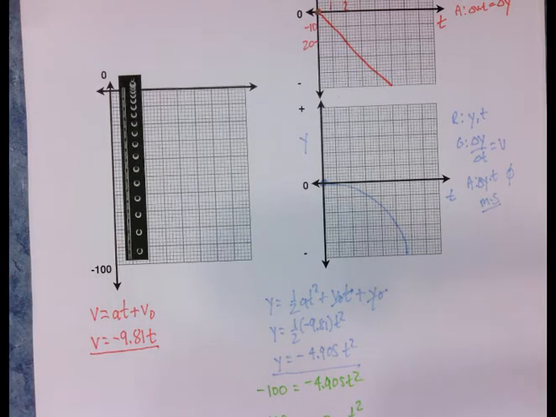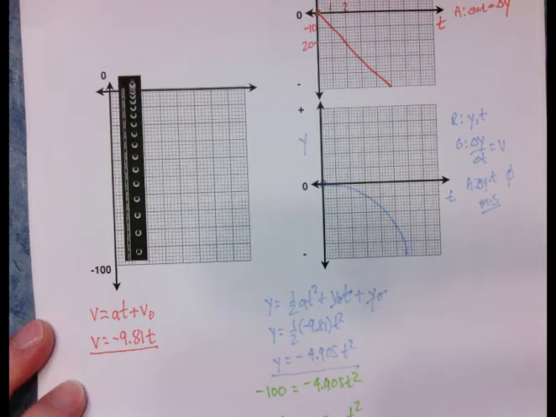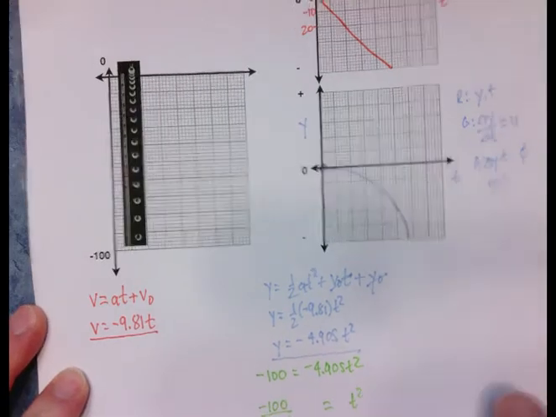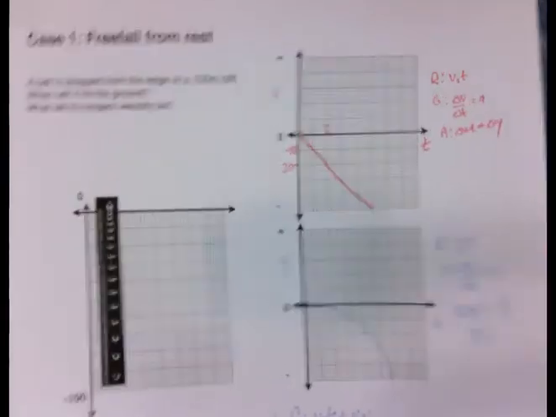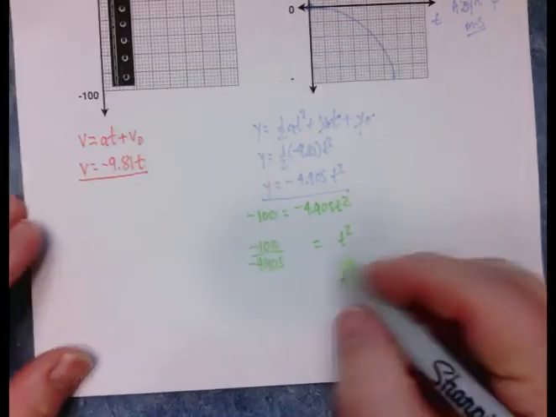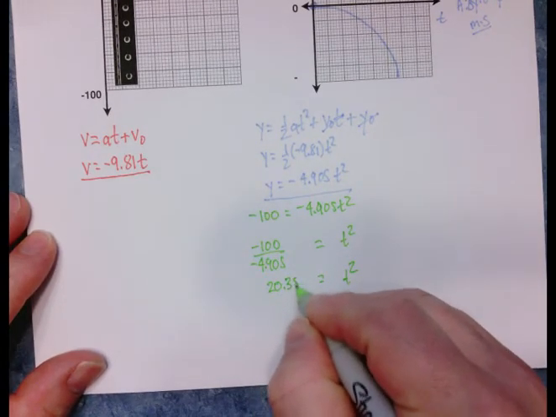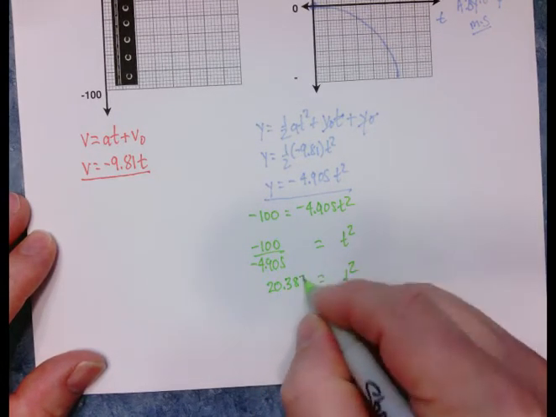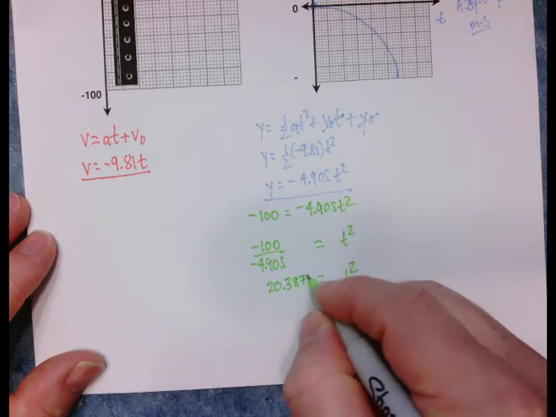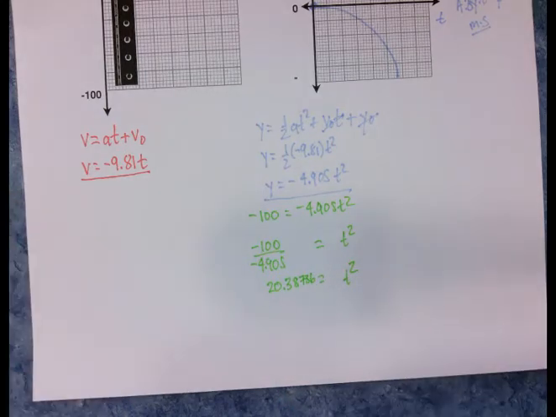That's going to be t squared. And that gives us a t squared value equal to 20.38736. And then we want the square root of that.